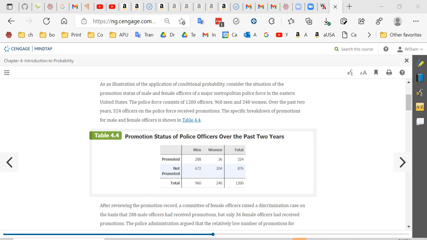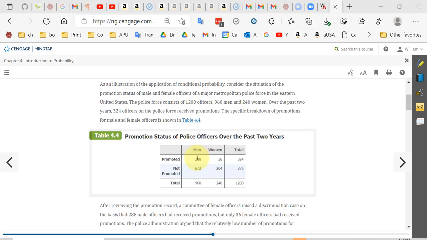This is not an example with dice, so let's go through it. It's some kind of table, divided into men and women, and whether they were promoted or not promoted. This is the promotion status of police officers over the past 2 years.